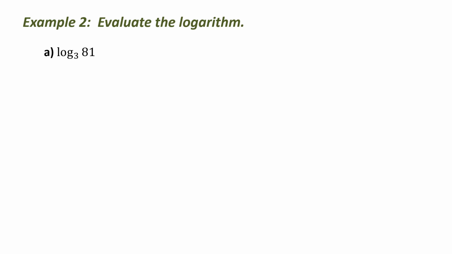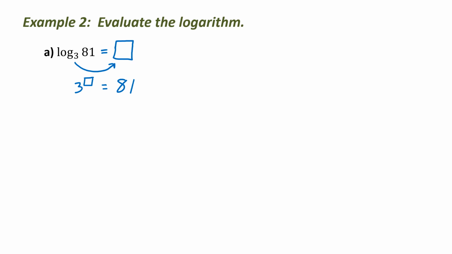Next example, evaluate the logarithm. So log base 3 of 81. We want to know, what does that equal? So what I could do is rewrite it as an exponent to help me. 3 to what power equals 81.